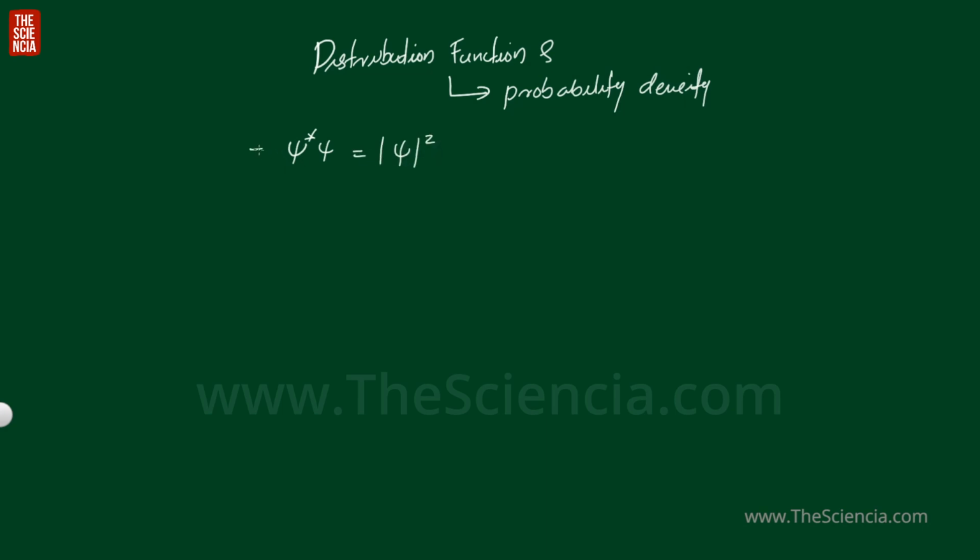The same thing is called the distribution function rho, because the probability density is distributed over a certain region delta x. So we can call it a distribution function also.